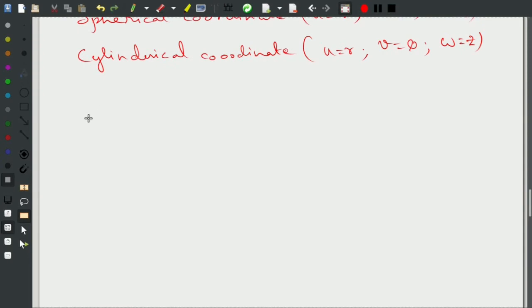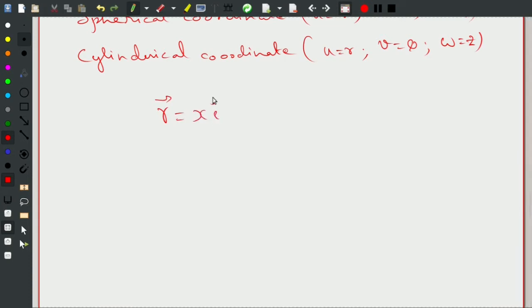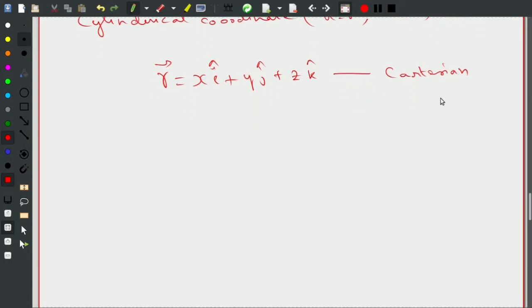So we can transform this r vector. This is the r vector in Cartesian: x i cap plus y j cap plus z k cap. We are trying to change this r vector to spherical coordinates and find the unit vectors. In the spherical coordinates, the unit vectors are not i, j, and k, so we have to find them explicitly. For that we use the curvilinear coordinate system we worked out earlier.